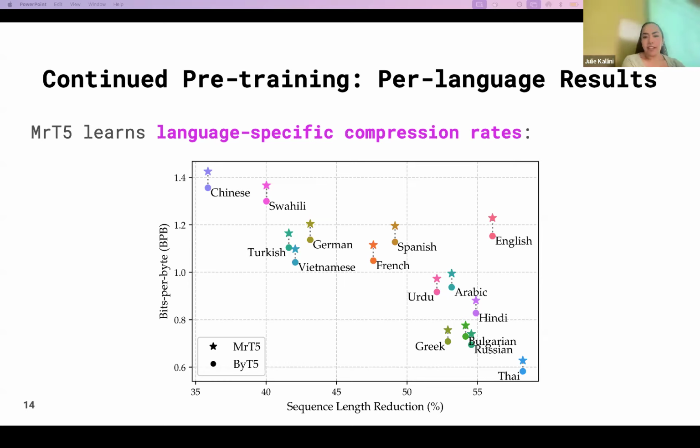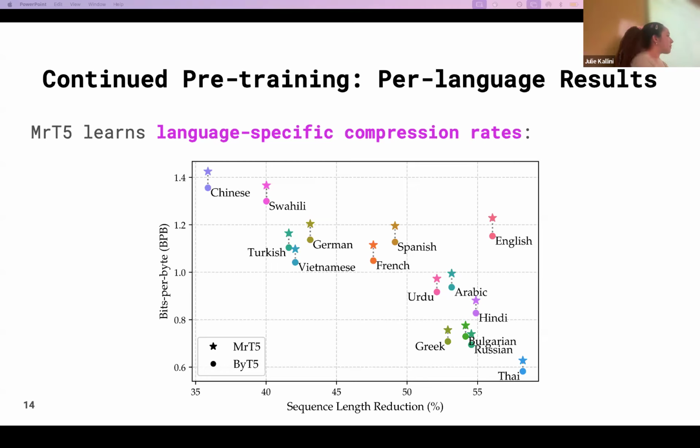I should clarify that in this plot, Byte-T5 is included only as a comparison of bits per byte because Byte-T5 always reduces the sequence length by 0%. It doesn't reduce the sequence length at all. But what we can see is that some languages that have more information-dense scripts, I would say Chinese, where on average one character could represent a whole word, have the least sequence length reduction, whereas a lot of Latin scripts have a lot of information redundancy.